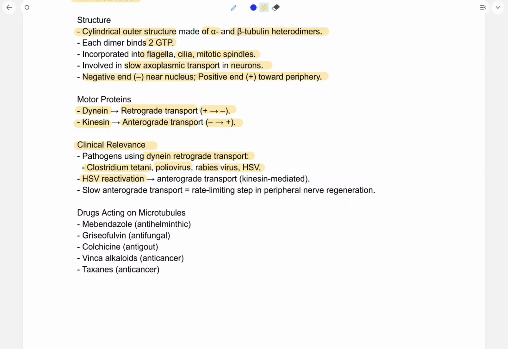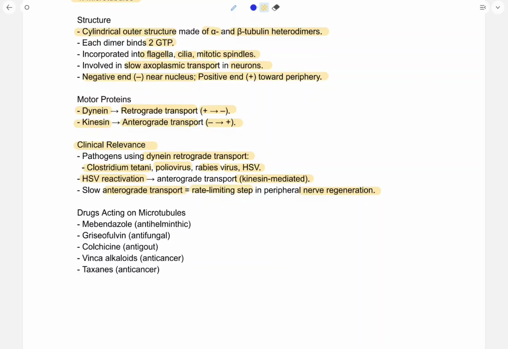HSV reactivation uses kinesin-mediated anterograde transport. Slow anterograde transport is the rate limiting step in peripheral nerve regeneration.